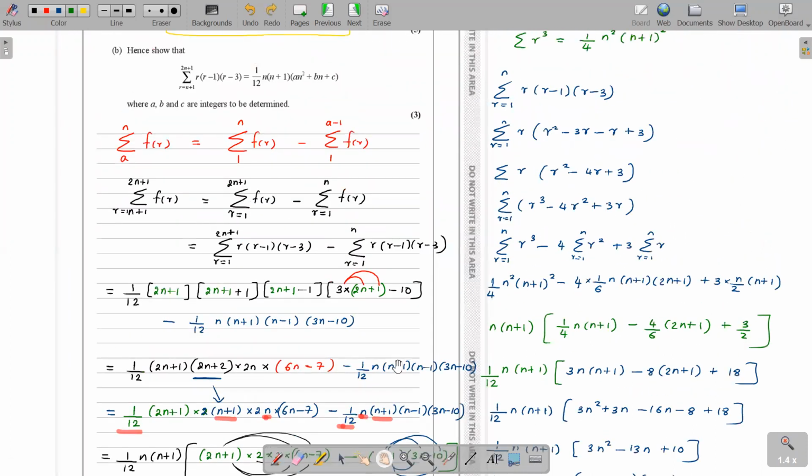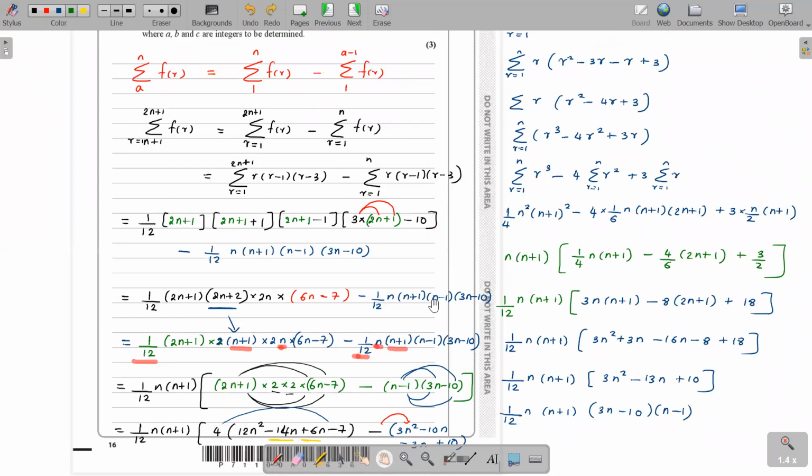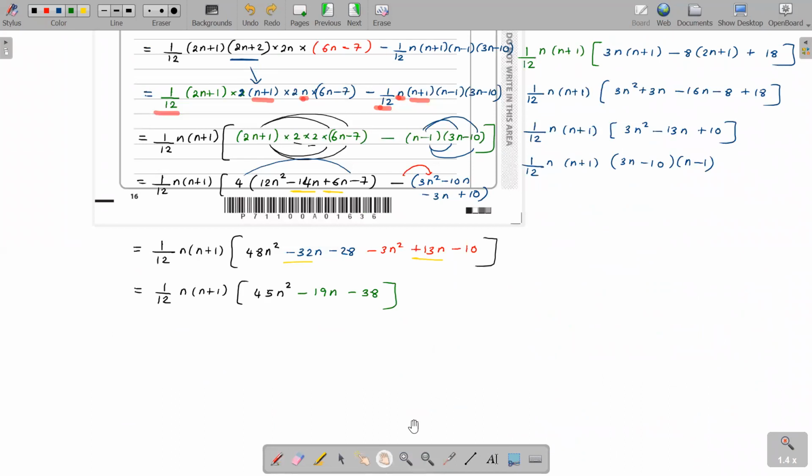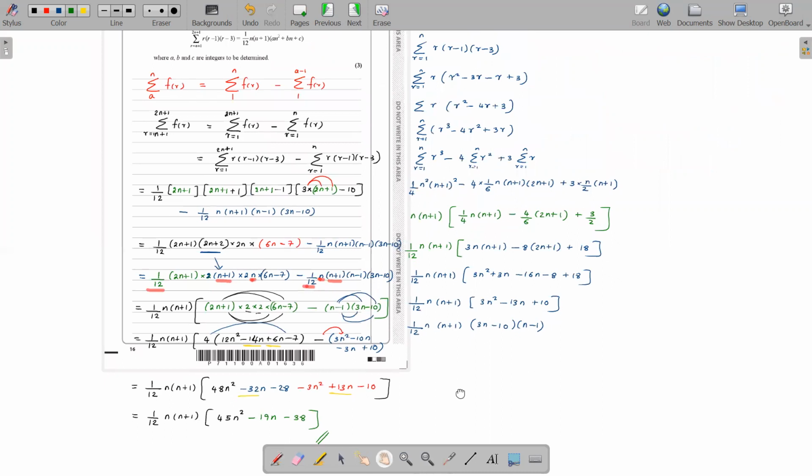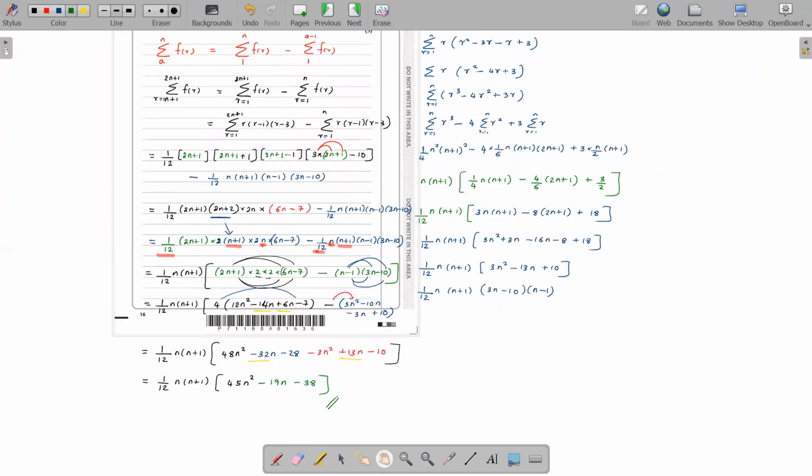They're asking us to get the quadratic equation, right? They're asking us to get 1 over 12 n plus 1 times an square plus bn plus c. So an square plus bn plus c is 45n square minus 19n minus 38, which is exactly what they wanted. So this is the answer.